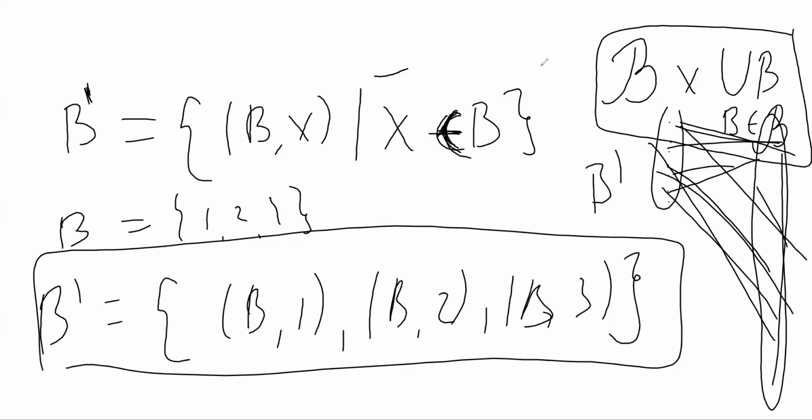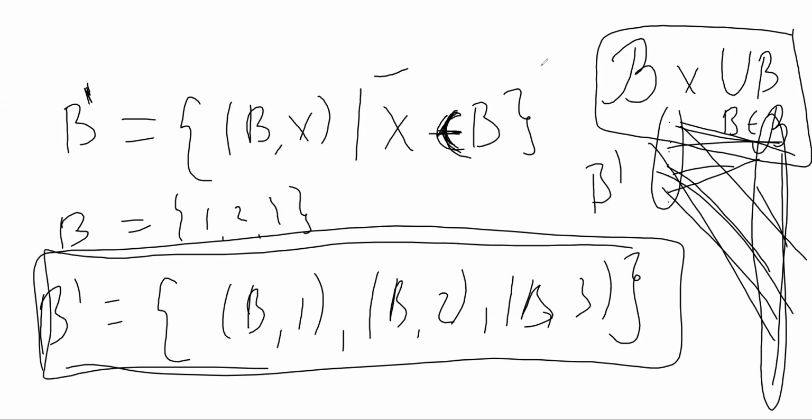That's a Cartesian product, right? And so we know for sure that this is, of course, a subset of this. Nice. Once we know that, we also know that B apostrophe is, of course, non-empty. Great.